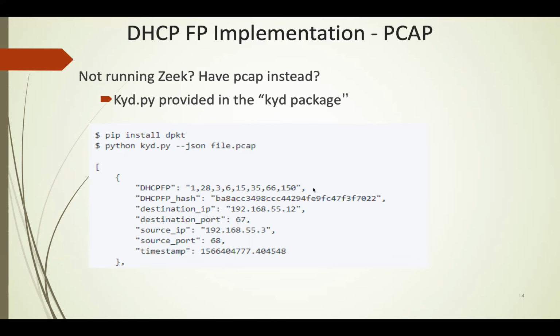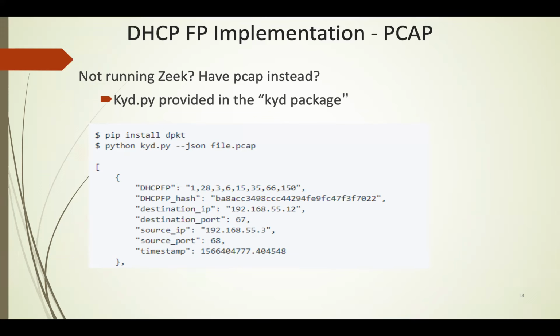And it prints out JSON of the 5-tuple. If the script encounters any DHCP messages in a pcap, especially DHCP discover messages, it will print out the corresponding hash, the corresponding fingerprint, the destination IP, destination port, source IP, source port, and the timestamp. So this is the pcap implementation.